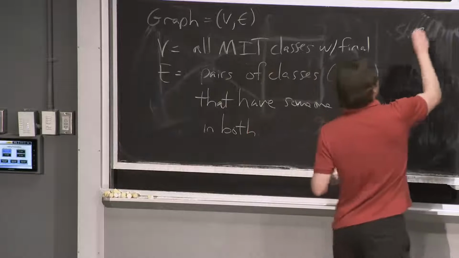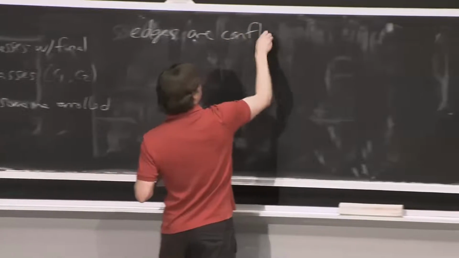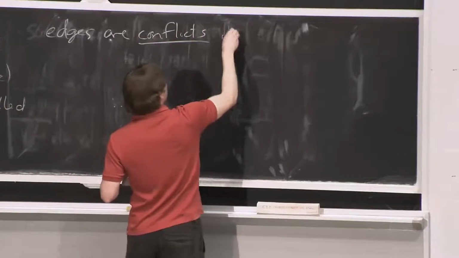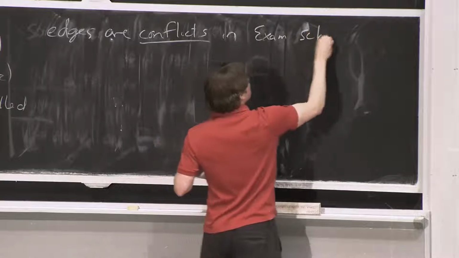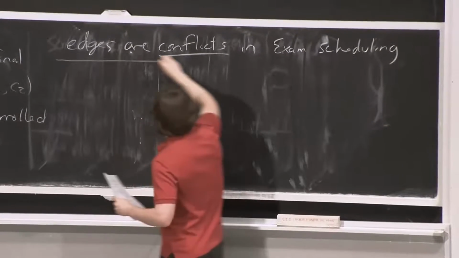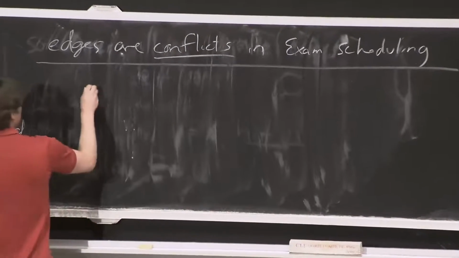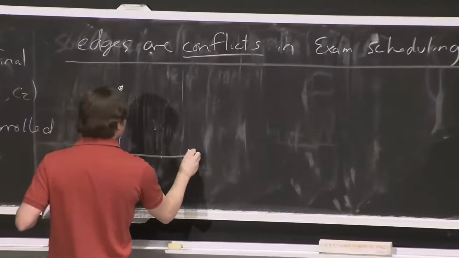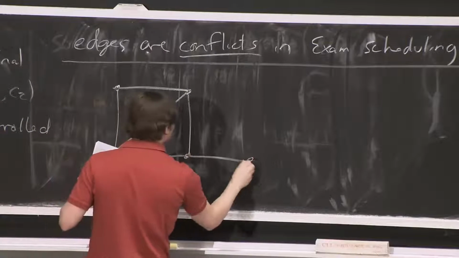Cool. So edges are conflicts in exam scheduling. And let me draw an example. Let's see.